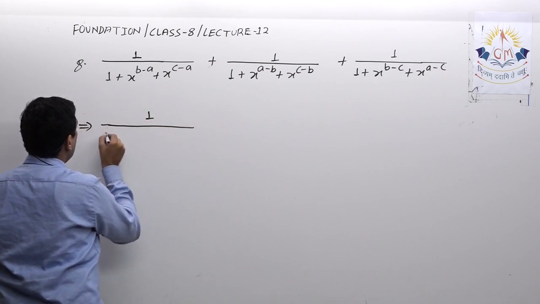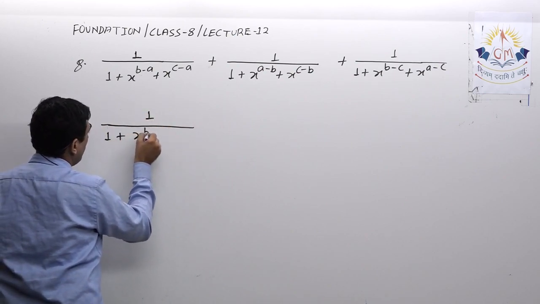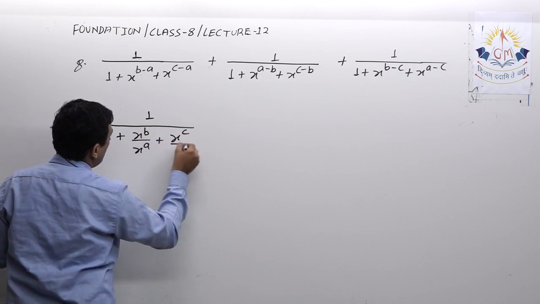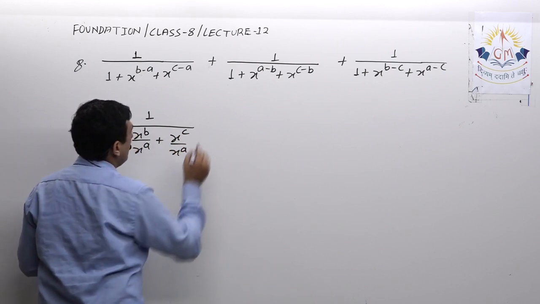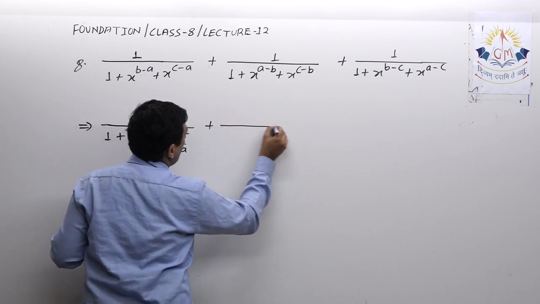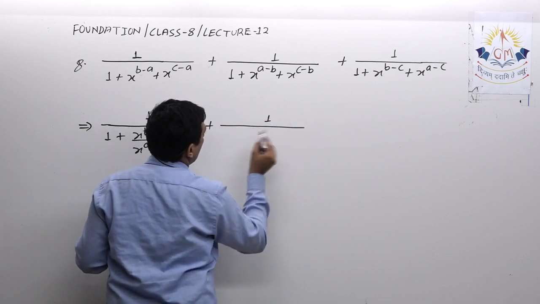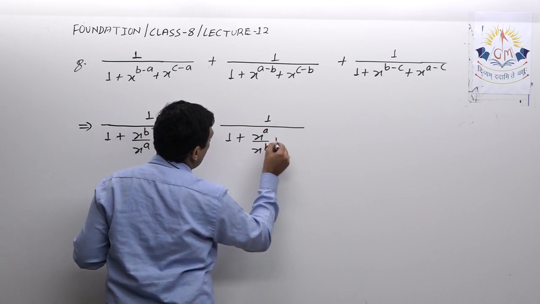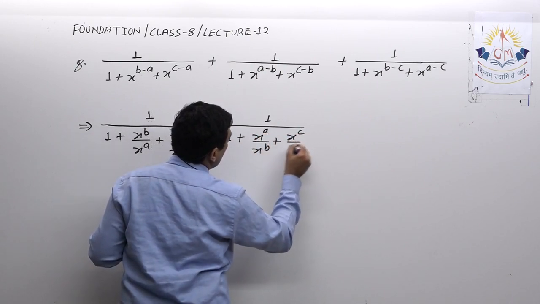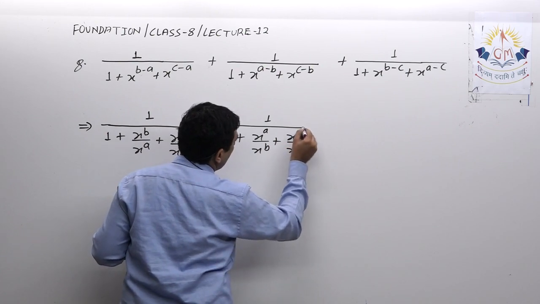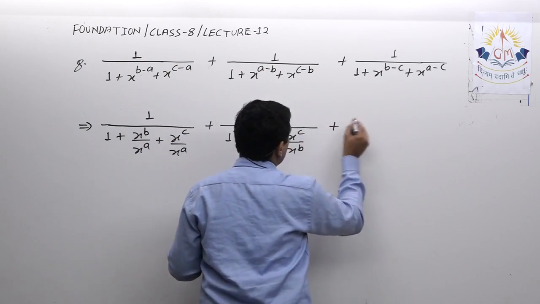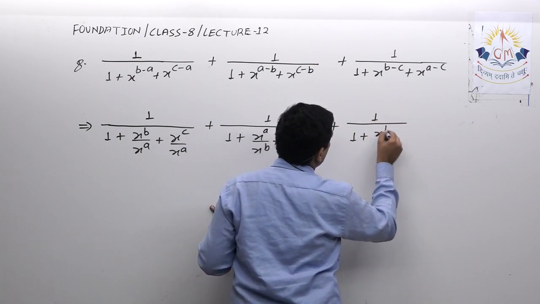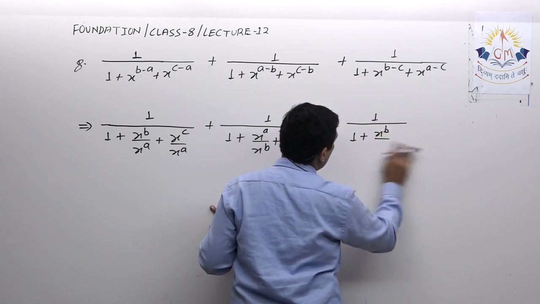1 upon 1 plus x raised to b upon x raised to a plus x raised to c upon x raised to a, plus I can apply the same thing over here, 1 upon 1 plus x raised to a upon x raised to b plus x raised to c upon x raised to b, plus 1 upon 1 plus x raised to b upon x raised to c.